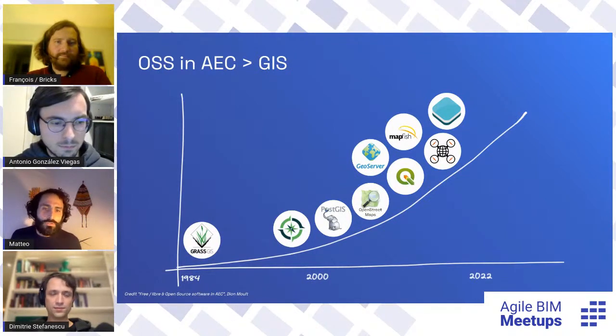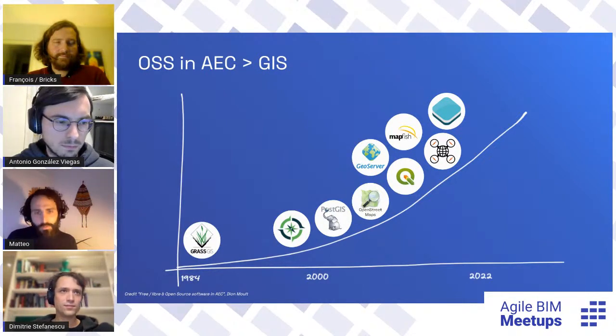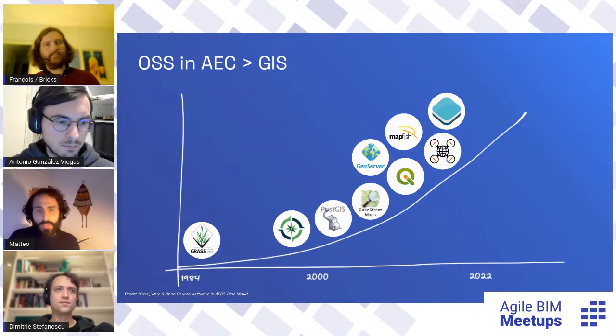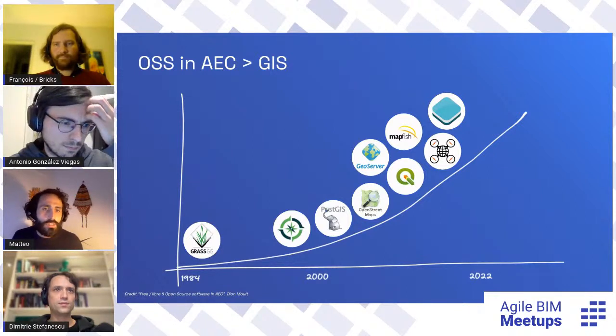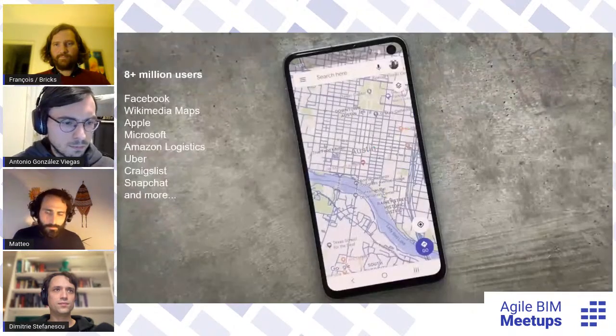It was created as a solution to non-communicating tools back in 1984. Thanks to its interoperability aspects and modularity, it became widely used, and thanks to it, a foundation around the project was created. And then this foundation, in turn, fostered the creation of many other open source software and tools within the GIS field. One of these applications is OpenStreetMap.